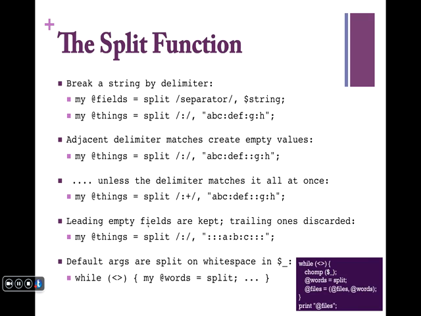Okay, so if you want to avoid that, you can put colon plus, which means one or more colons. So we'll go back to what we saw at the beginning: 4 elements, ABC, def, G and H. Now the before last example, I have colon A, colon B, colon C, colon.